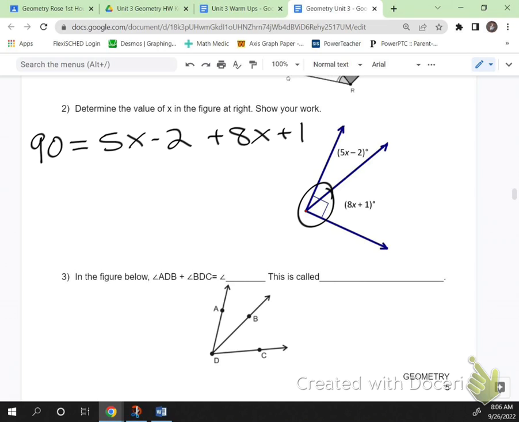You might want a calculator. You should combine like terms first. Then we're going to add 1 to both sides.